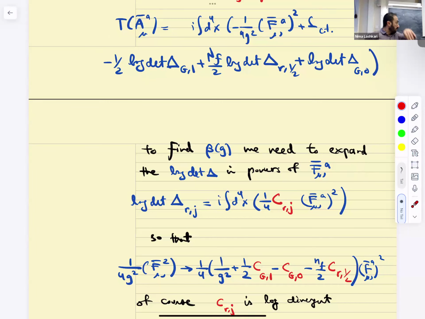Here's the answer. This C tilde, I think I meant. The C tilde R J is of the form T of R over 4 pi squared times a third for scalars, minus 8 over 3 for Dirac spinors, minus 20 over 3 for 4-vectors. This is the J dependence and this is the R dependence.